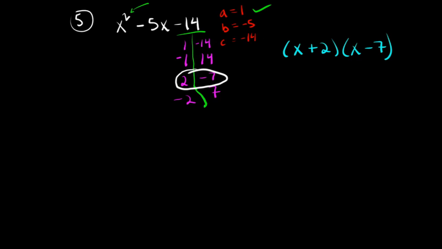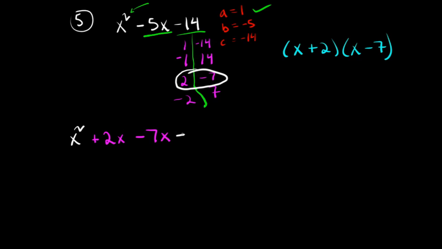Now, I want to work this one out and show you why this works. And so this is really we're going to work through the whole procedure for factoring when a doesn't equal 1. But we're going to end up with the same thing. So really what we're doing here is we're splitting this b term, that negative 5x.